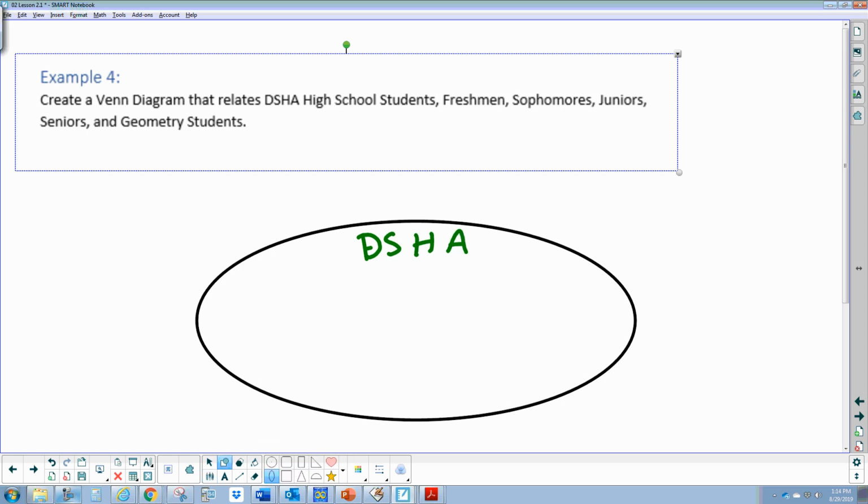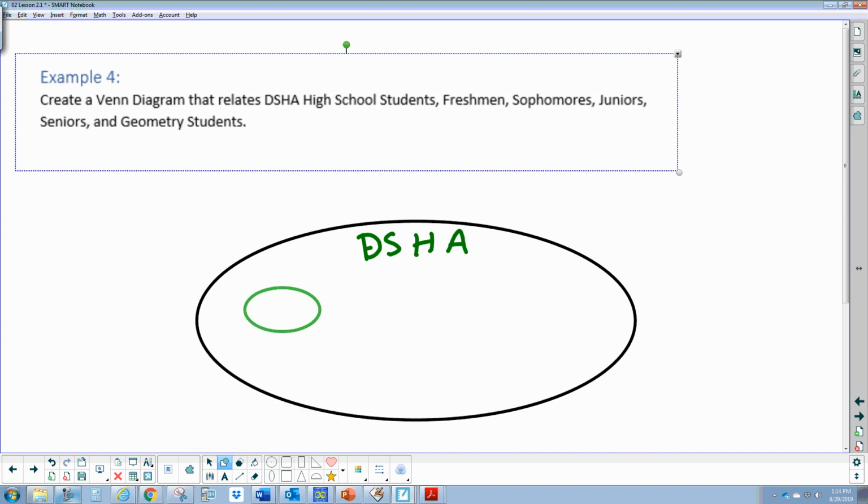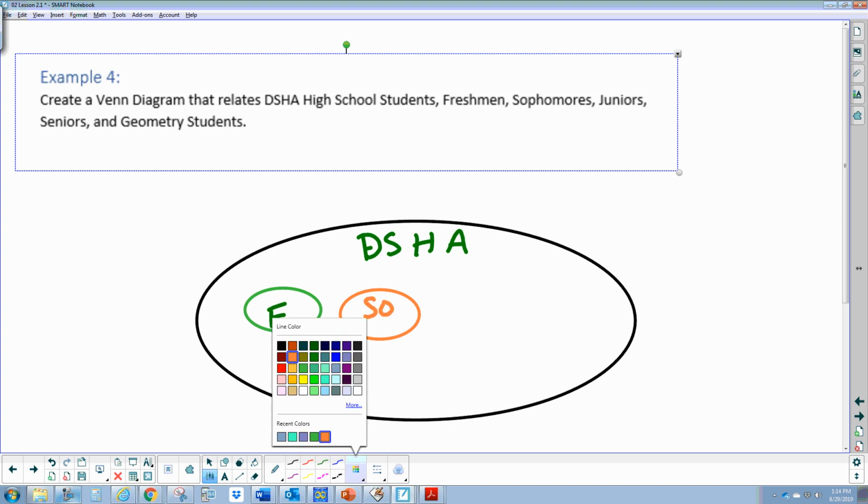Now, we know that freshmen are just freshmen. They're not sophomores, they're not juniors, they're not seniors. Freshmen are freshmen. So they get their own circle. And we'll label it freshmen. Sophomores are sophomores. They're not juniors, they're not seniors, they're not freshmen. So they get their own circle. These are sophomores. And then same is true with juniors and seniors.